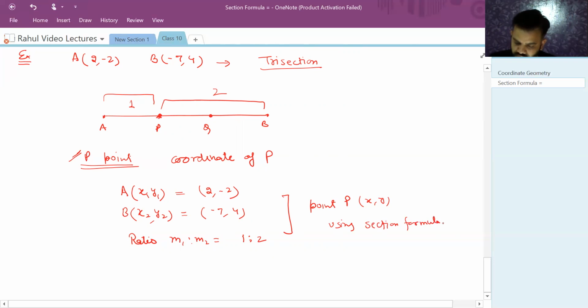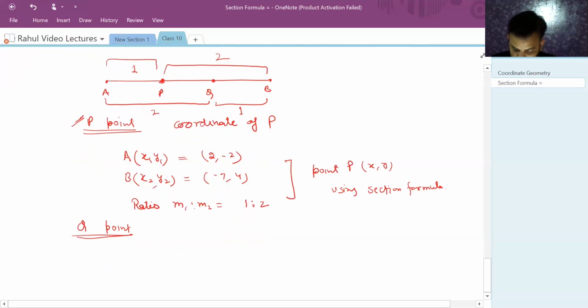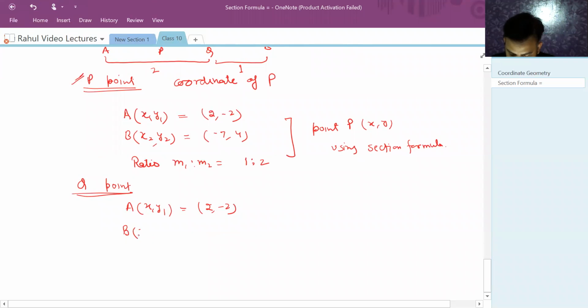Just like before. And if I talk about Q point, then AQ will be two part and QB will be one part. So same thing will be there. A x1 y1 will be same 2 minus 2, and B will be same x2 y2 minus 7 4, and the ratio will be different.